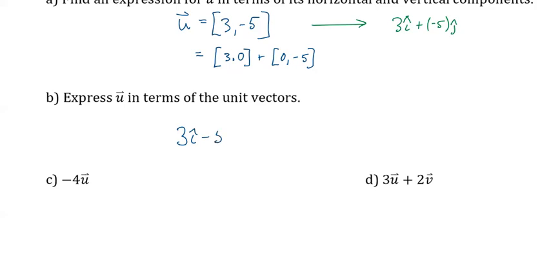Negative 4 times vector u. Negative 4 times 3. Negative 4 times 5. And visualizing that, if I drew these vectors, 3, negative 5 would be down here somewhere.